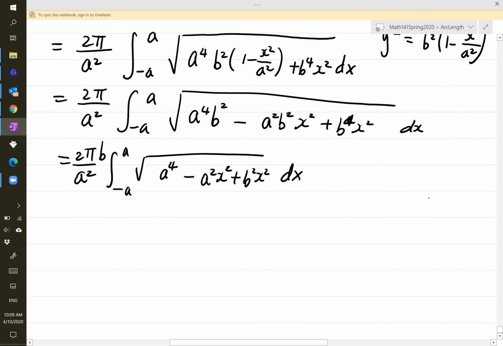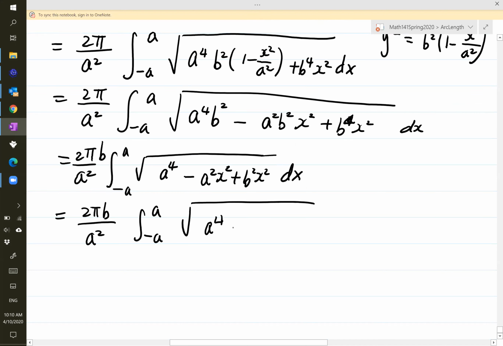So finally we got 2 pi b over a squared, negative a to a, a power 4 plus x squared times a squared minus b squared.